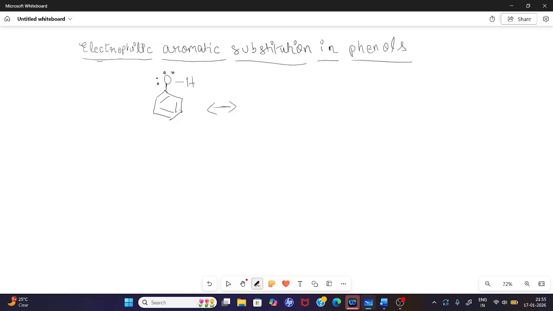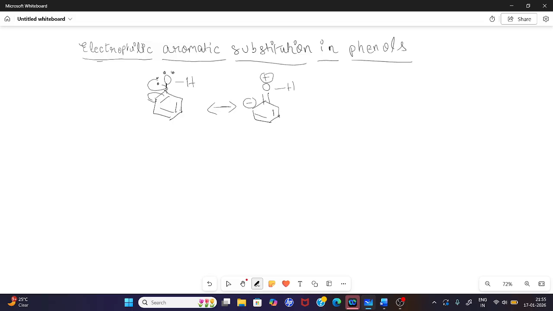So this phenol lone pair can delocalize here and this bond can go here. That we can write as another resonating structure. So you can write this as O, this is H, and this is positive since the electron pair has left from oxygen and is now going towards the carbon. And this is a negative charge.